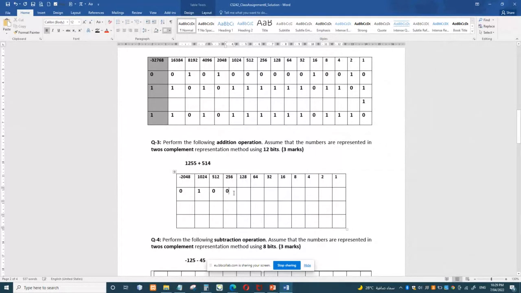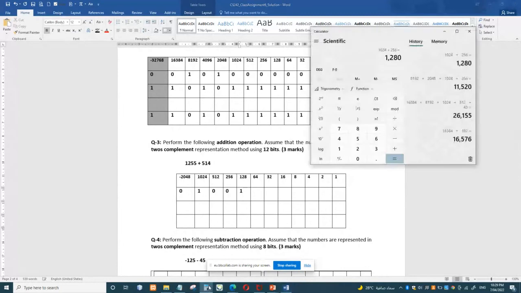So I'm putting 0 there, but we can definitely take 128. Any question, anyone? So we have done 1024 plus 128, which is 1152.